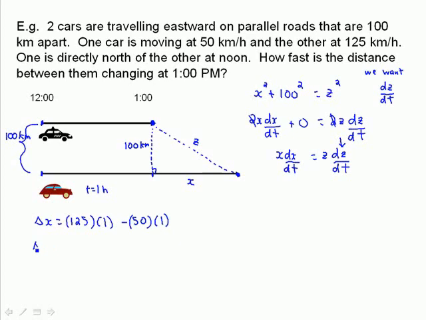So delta x is equal to 125 minus 50, which is 75 kilometers. That's going to be the measure of this side.